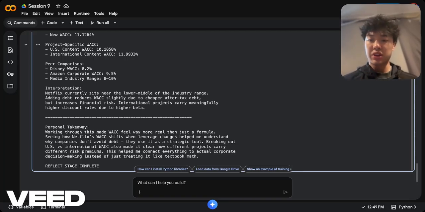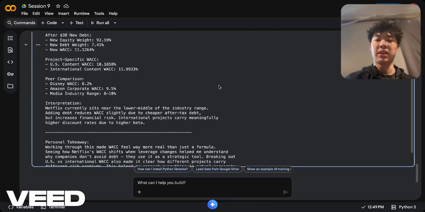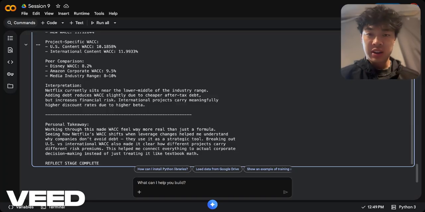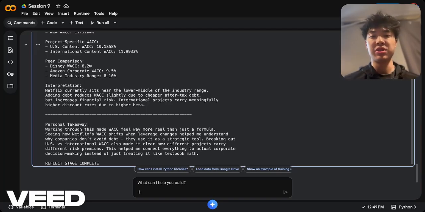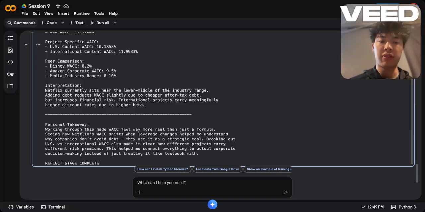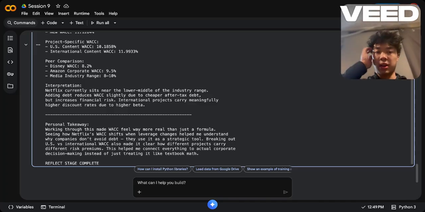Breaking out US versus international WACC also made it clear how different projects carry different risk premiums, and that helped me connect everything to actual corporate decision making instead of just treating it like textbook math, because everything has a different price, and we have seen these ranges fluctuate significantly through the DRIVER framework. The DRIVER framework really helped me keep the analysis clean and structured, and the code helped me quantify every single step of the story, from capital structure to risk to strategic implications.